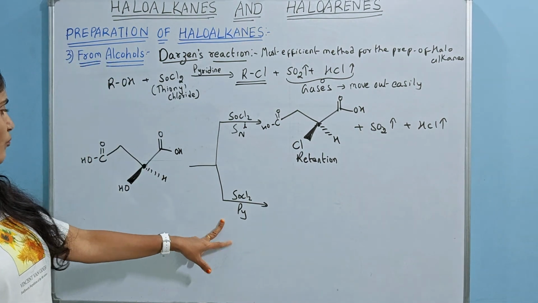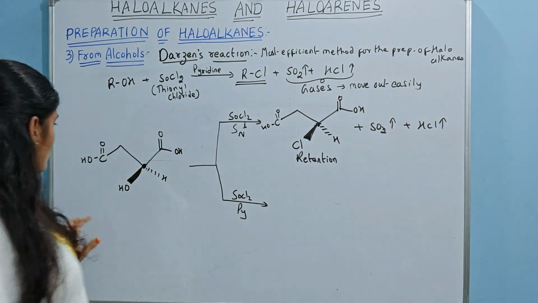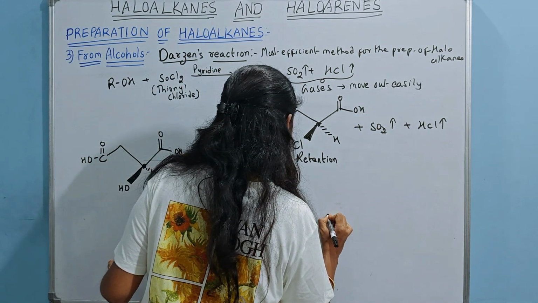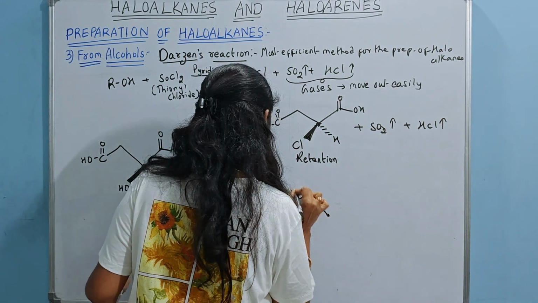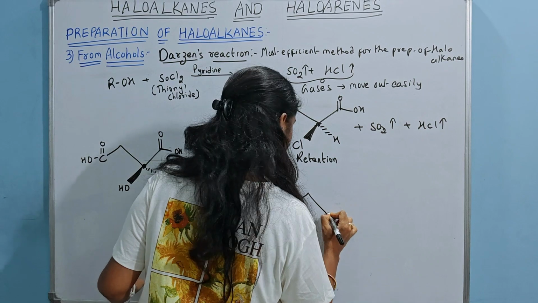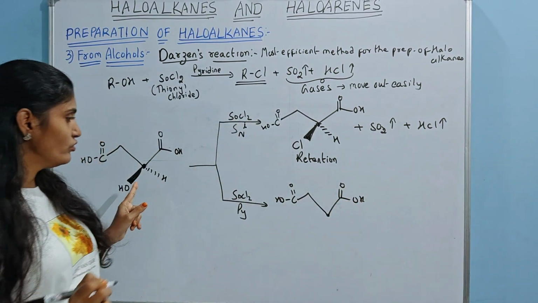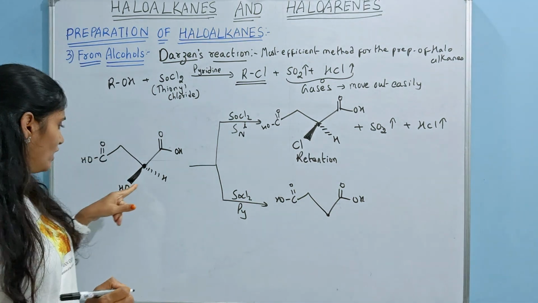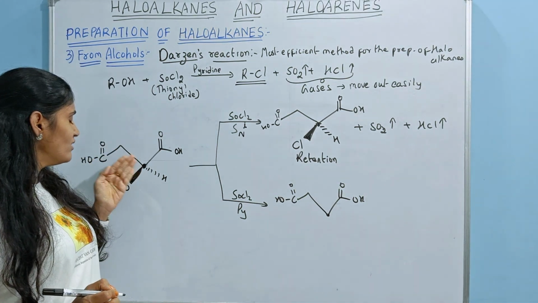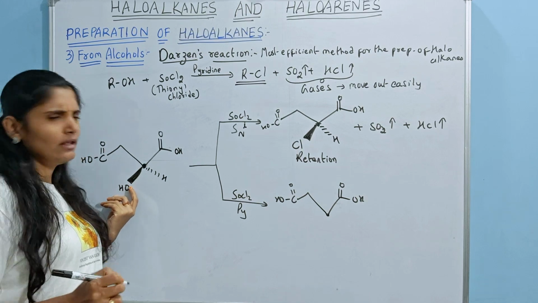Now in the presence of pyridine, there will be an inversion of configuration. How should I show the inversion of configuration here? Now if you see here, Cl minus will come as a nucleophile. If it takes the same plane as OH has taken, then it will be retention.